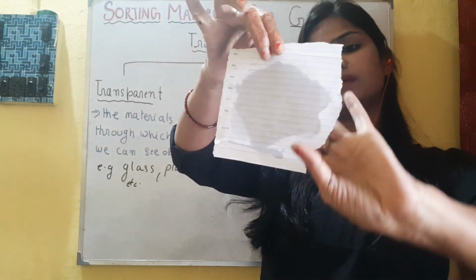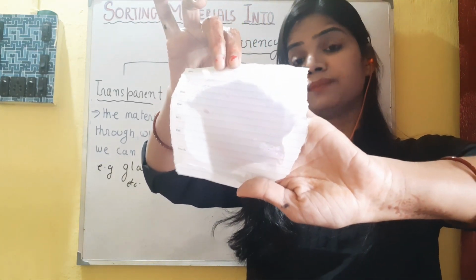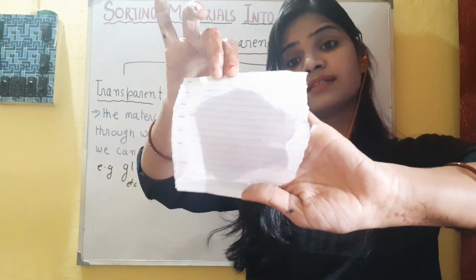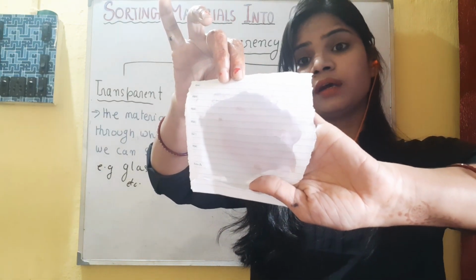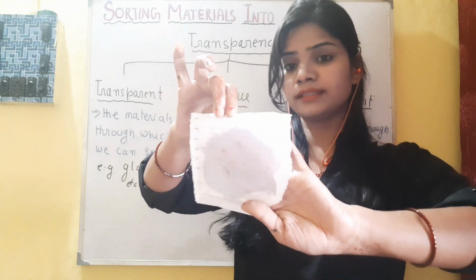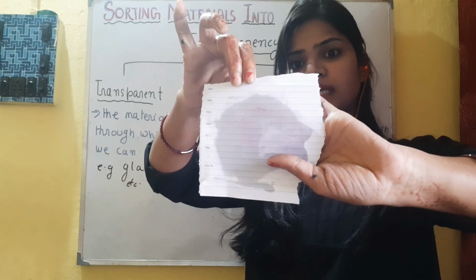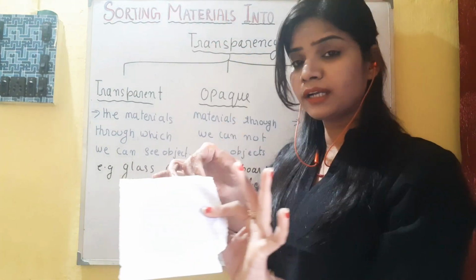Okay, now can you see my finger beyond this paper? Yeah, you can see that something is beyond this paper, but you cannot clearly see that this is my finger, isn't it? So partially you can see that, yeah, there is something beyond this, but not clearly.